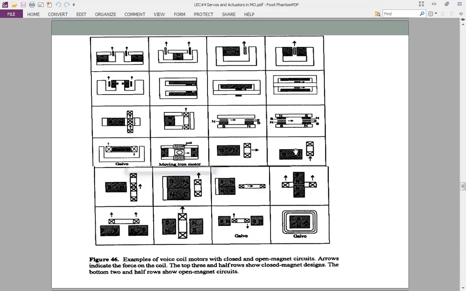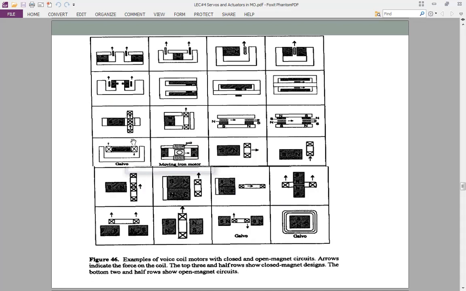So aside from the voice coil assembly that I've given you an example of, where you have a coil in between magnets, so that when current passes through the coil, there is a force generated that moves the coil either outwards or inwards, and that coil is where the objective lens is attached. There are other configurations, like you can see there in figure 46.